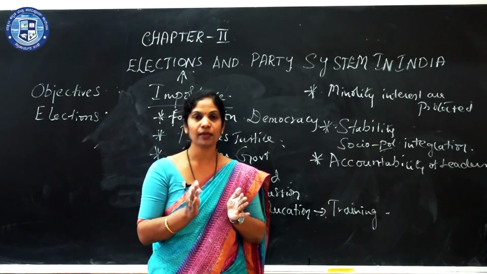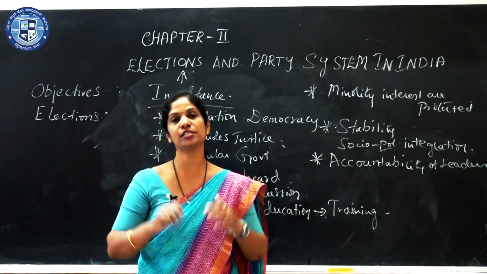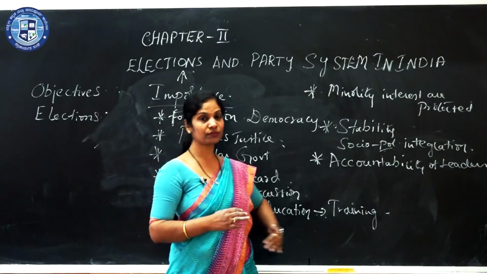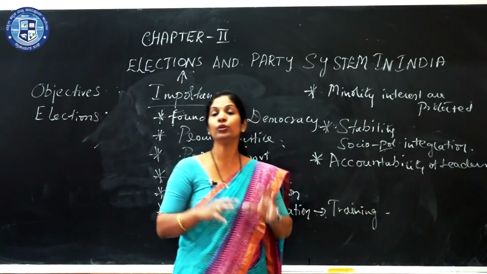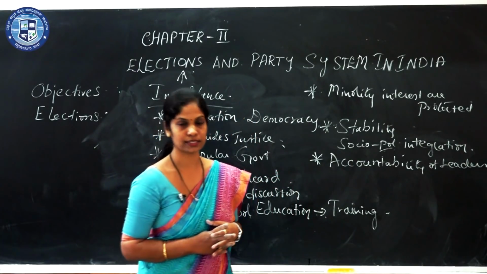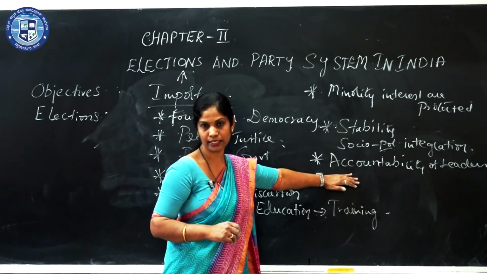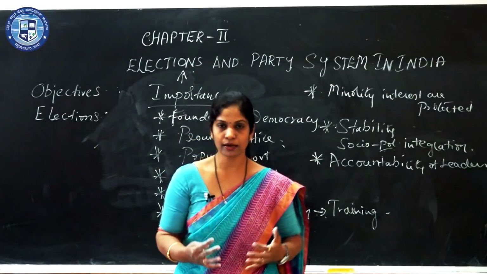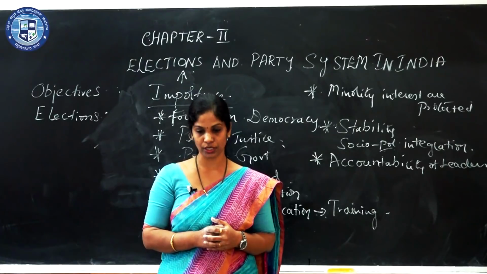During that time, they have to be answerable for all their commissions and omissions. That is why, because of the elections, there is accountability to their offices. They are held responsible for all their activities, so they should be very careful whenever they are continuing in their positions or leadership.